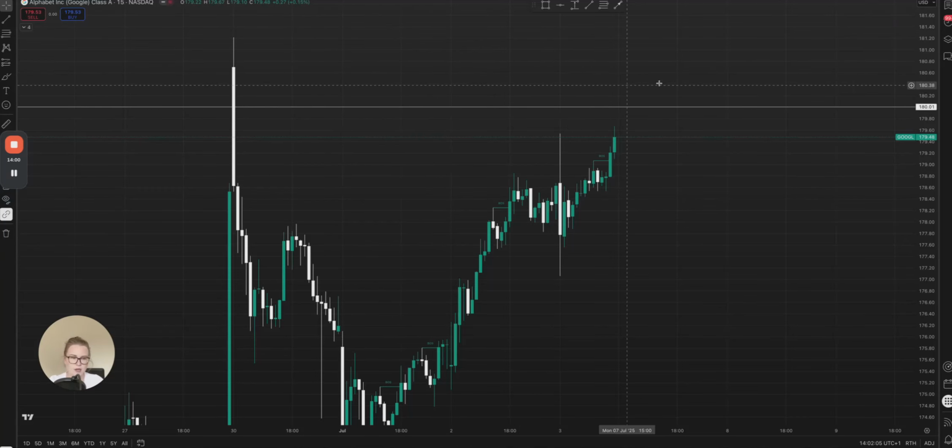And let's see what happened. So this is the 15-minute chart for Google from yesterday. And if you have a look at here, you can see we had rejections from around 181 and then here at around 179.5. So 50 cents away, actually, yeah, slightly less than 50 cents away from that 180 strike.